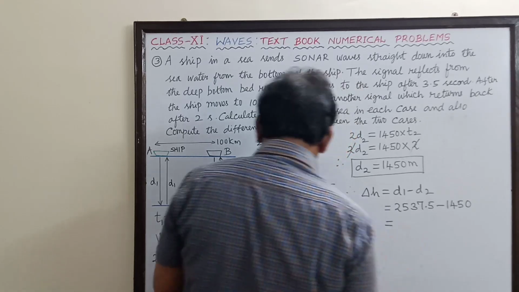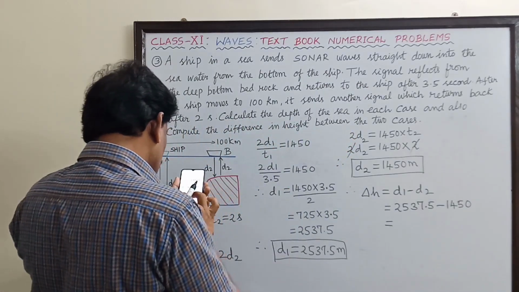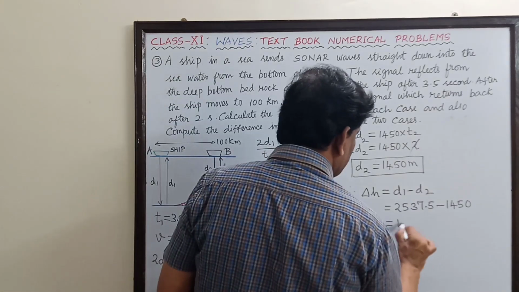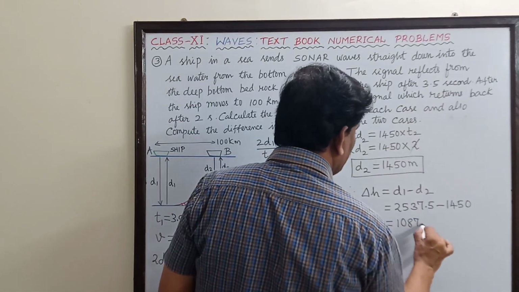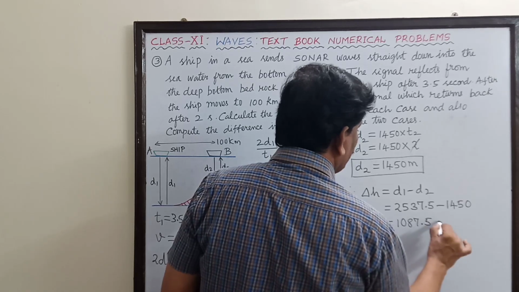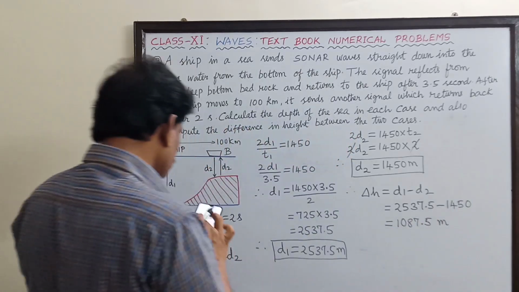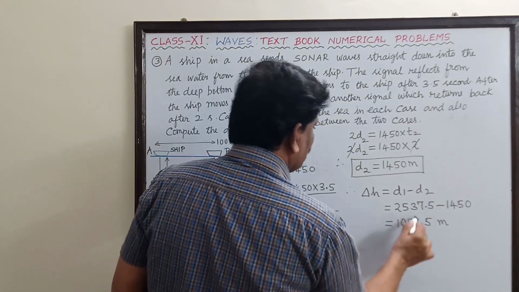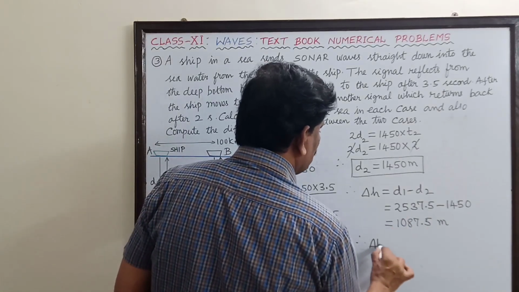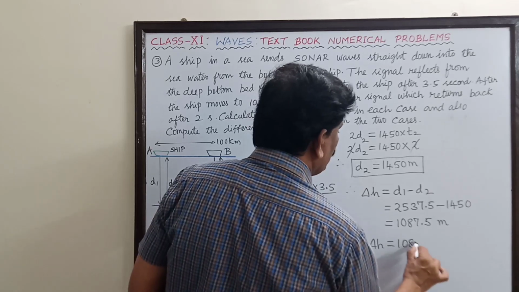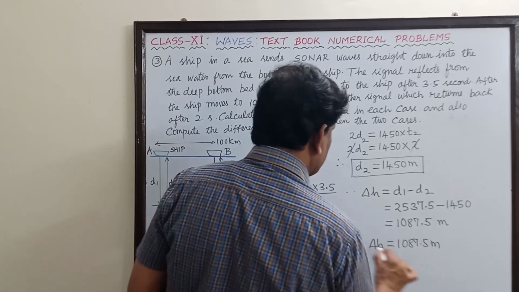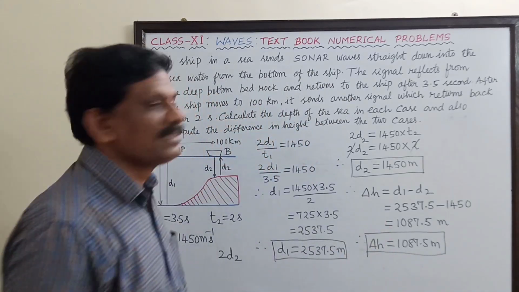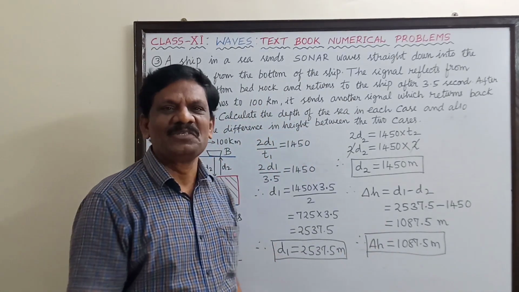So this difference you have to find out, which is 1087.5 meters. So the difference in height, delta H, is equal to 1087.5 meters. This is the required final answer. I hope you must have understood well. Fine.